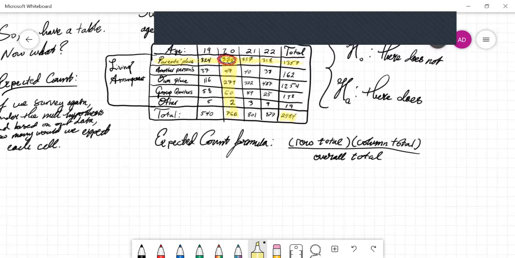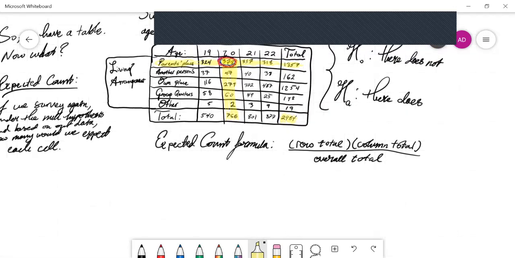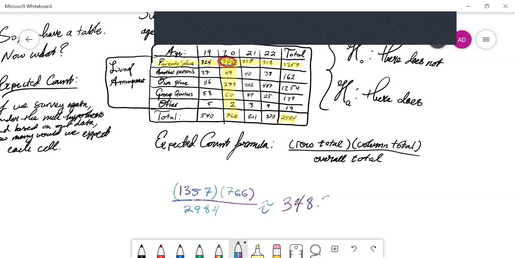So an example computation for, say, 20-year-olds that live in their parents' place, you would do 1357 times 766, and you would divide by 2984, which is approximately 348.35.